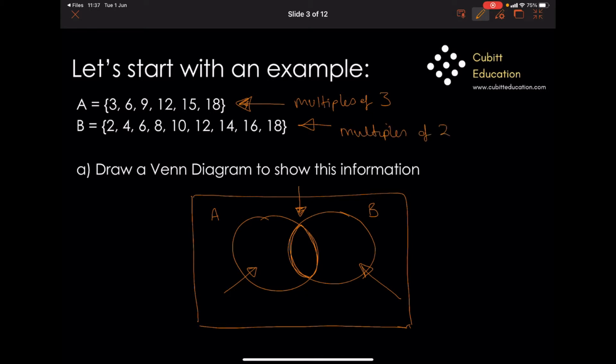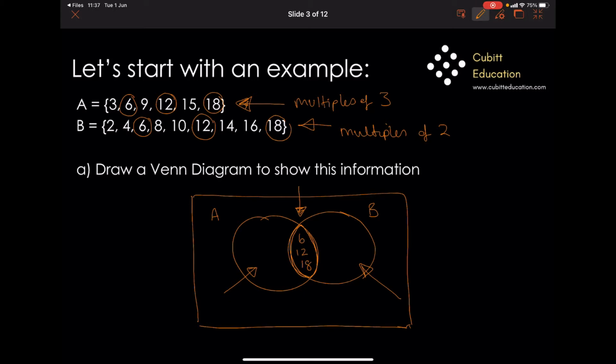The multiples of 3 and the multiples of 2 have overlapping numbers. Both of these sets of numbers have a 6 in them, they both have 12 and they both have 18. So those numbers will go in the middle, because they are in both of those.